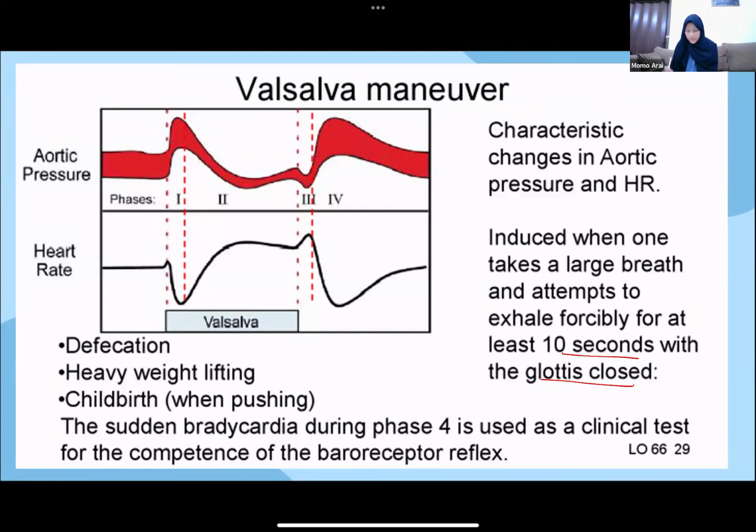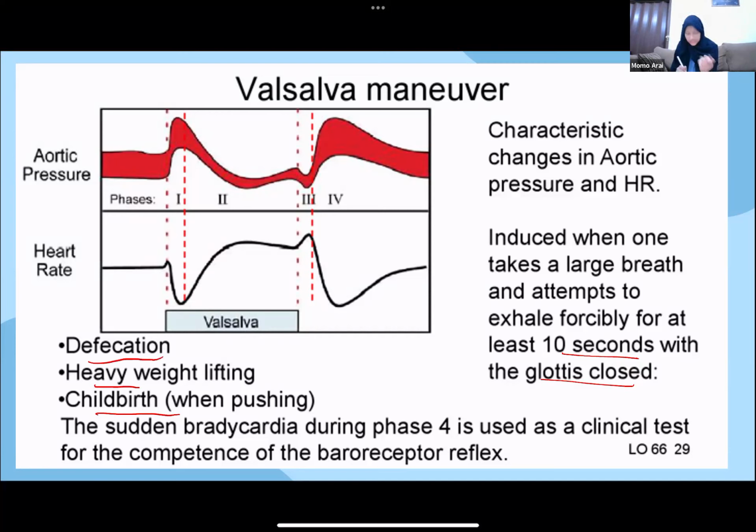Did you guys get the mechanism? This happens during childbirth, for example, when the woman is trying to push the baby out. She tries to breathe against a closed mouth and push the baby outside. It also happens during heavy lifting, when people are carrying heavy weights, they won't exhale the air, they'll keep it inside.